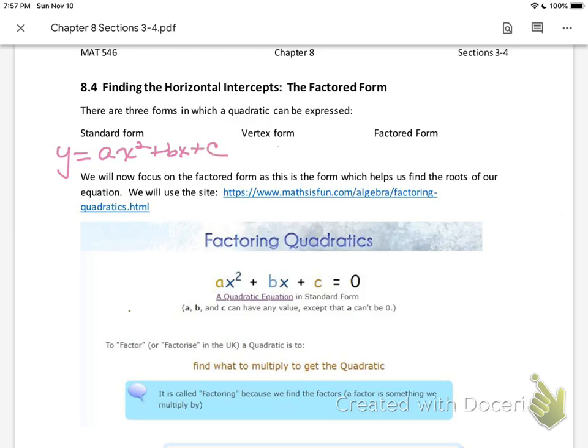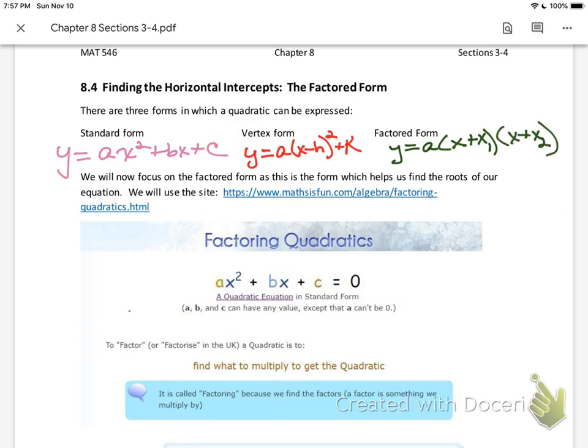We've looked at vertex form, which can be written y equals a times (x minus h) squared plus k. And now we're going to look at factored form, which would be written y equals a times (x plus x1) and then (x plus x2).